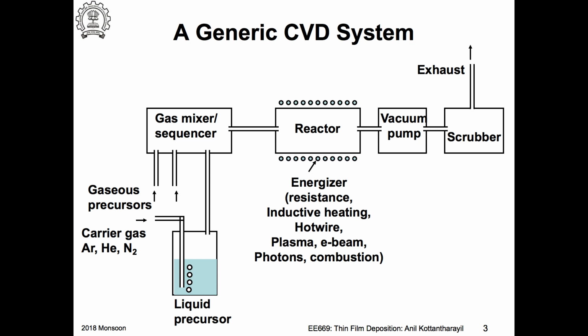And plasma has other advantages where you can actually have sputtering that can be combined with chemical vapor deposition, right? And then electron beam can be used for exciting the reactant species, and that can facilitate or enable the reactions.